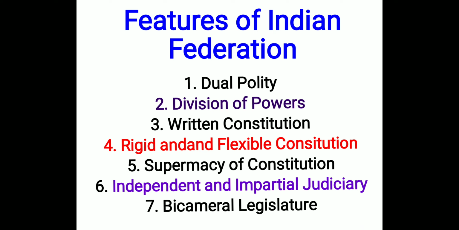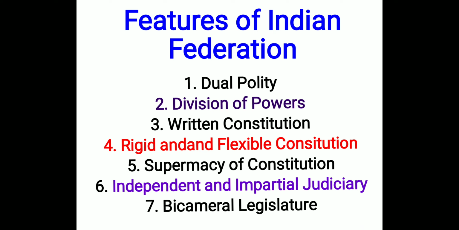Indian constitution's very first article, article 1, declares that India, that is Bharat, shall be a union of states. So the word federation has not been used. The word which is used is the union of states.